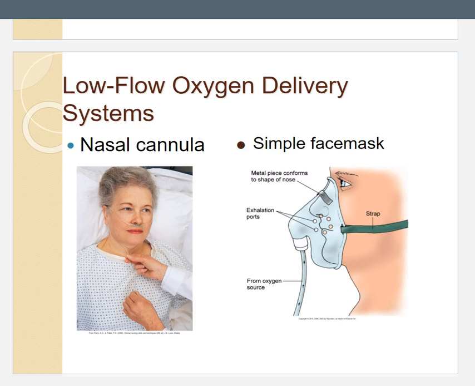So as I said before, if they were on 4 liters, it's estimated they're getting about 36% oxygen. So we're not always sure that they're getting that 36% oxygen. That's pretty much the difference between low flow and high flow.